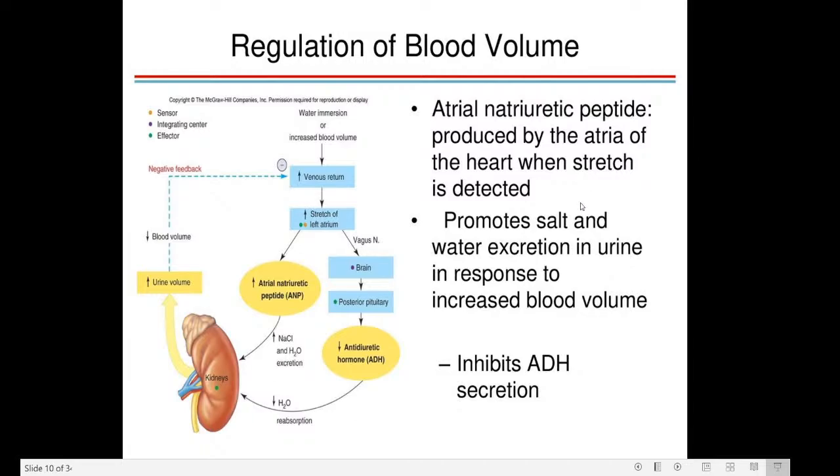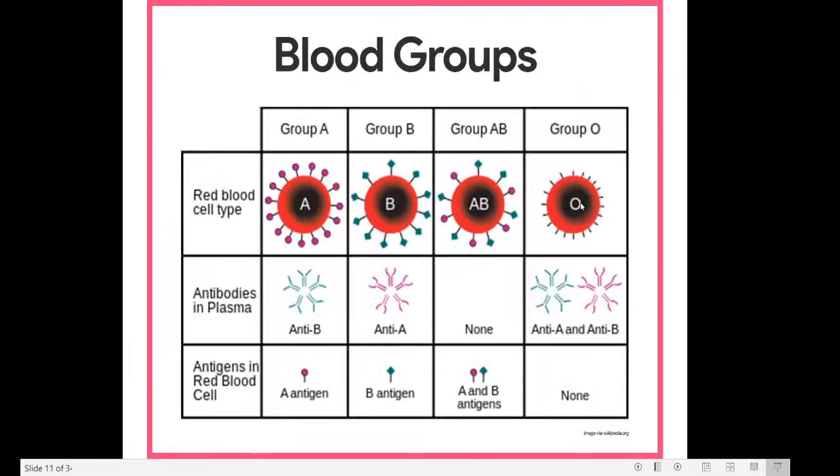Next, an important topic in unit 7 is the blood groups. The blood groups are group A, group B, group AB and O. How can we understand them? The questions are based on antigen and antibody.